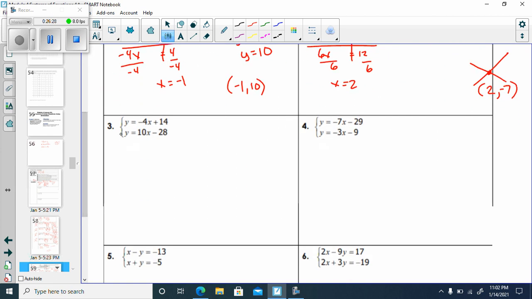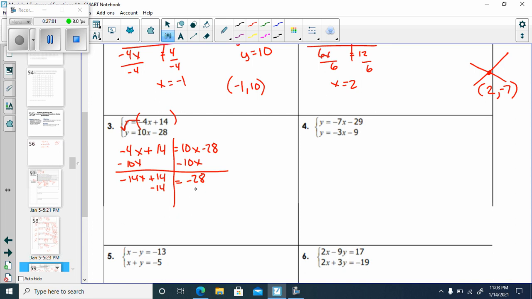Okay, let's look at this one. Our y's, we've got a y is equal to, so we can use substitution. I'm going to substitute this in place of the y. Negative 4x plus 14 is equal to 10x minus 28. Cross the equal sign, I'm going to be subtracting 10x from both sides, which gives me negative 14x plus 14 is equal to negative 28.